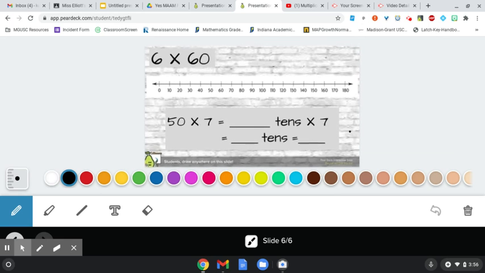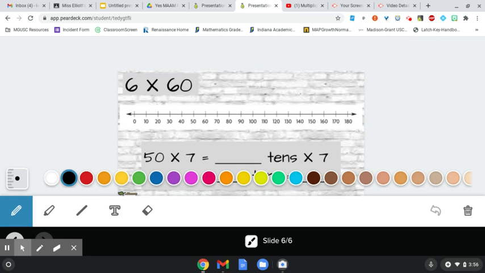Okay, so now we have 2 more problems that we need to do, and I know how to do those ones now, so that's exciting. So I have 6 groups of 60. So I'm going to start by doing 6 groups of 60. So I'm going to put a 60 and jump. And now I'm going to go another 60. So 10, 20, 30, 40, 50, 60. And I'm going to start here and do another set of 60.